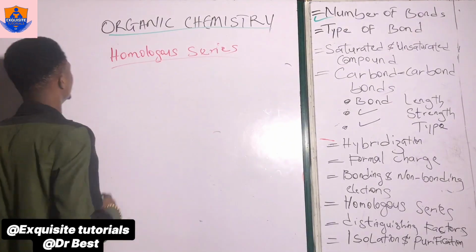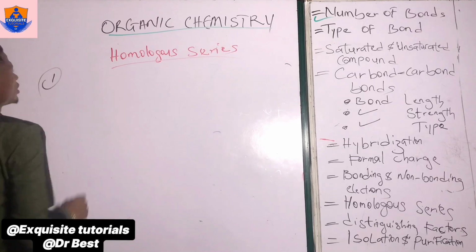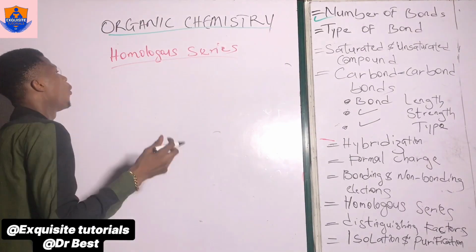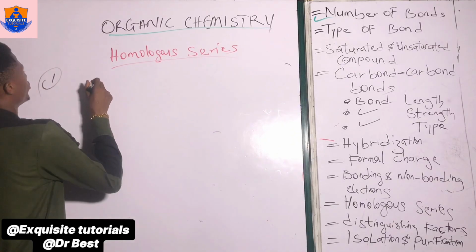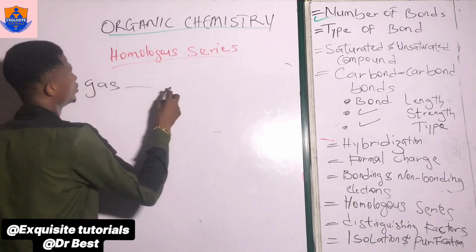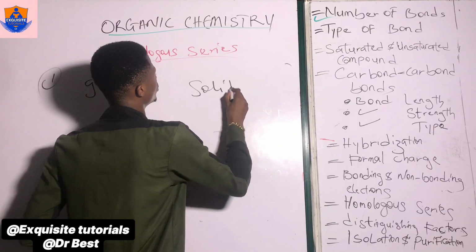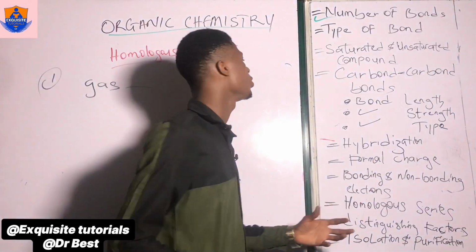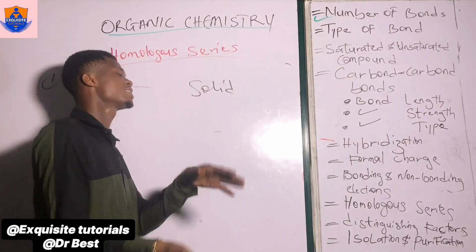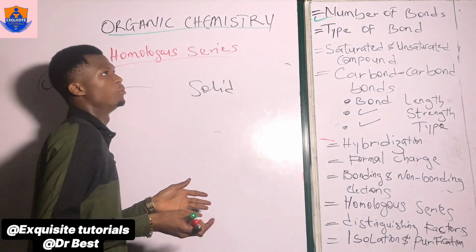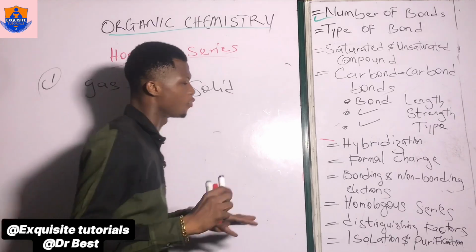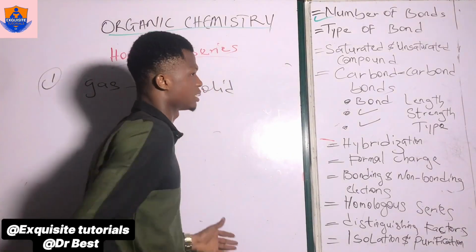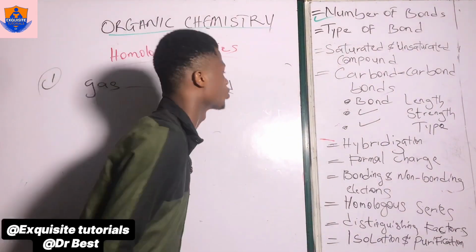One of the changes that we experience down the group of a homologous series is that they become more condensed. They move from gas to solid. Which means that for any homologous series or any group, the first members of that particular group are always gas. Then when you are going down, it starts changing to liquid, and it starts changing to solid.